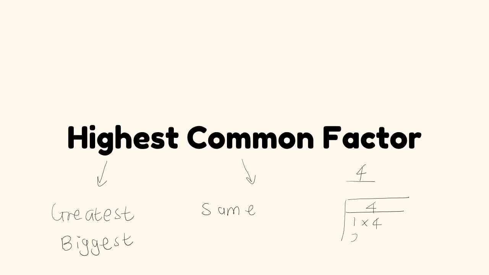So in this case, it's 2 times 2. So factors of 4 are 1, 2, and 4. So these are factors. In short form, we call this highest common factors as HCF.